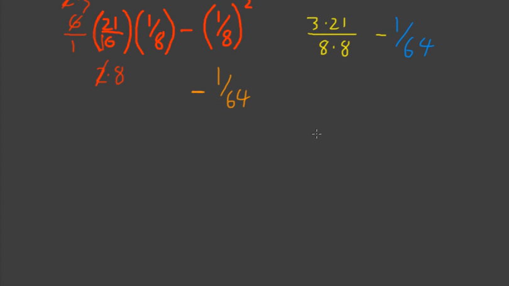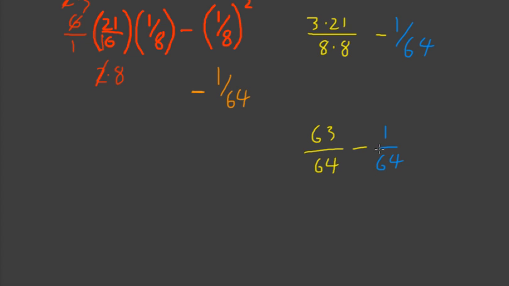So this is going to be 63 over 64, and we're going to minus from that 1/64. Because they share the same denominator, we can do this quite easily.